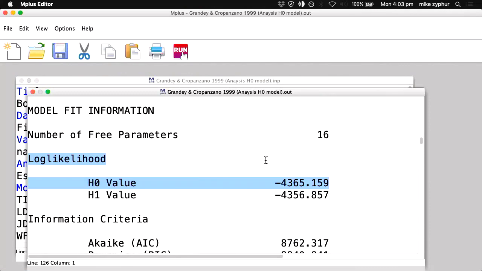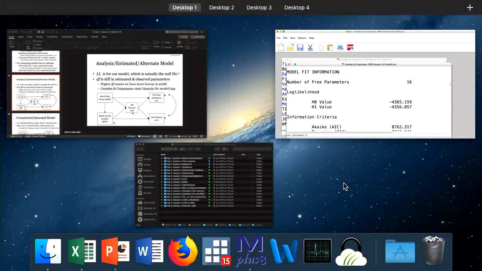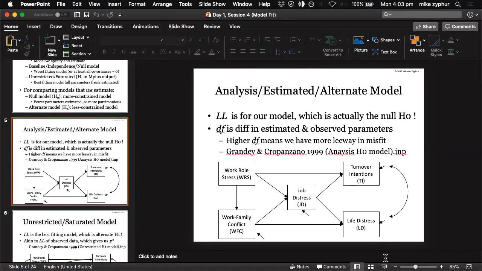That's the log likelihood associated with our model that we've estimated. That's the Grandian-Crapanzano model that we drew up there on the board. But why do we call it the null? That's a little weird, isn't it? Okay, so why is that?